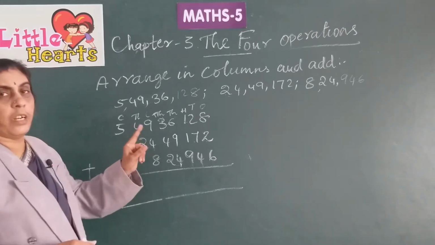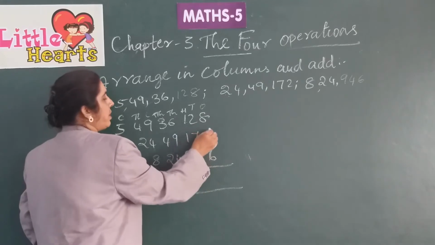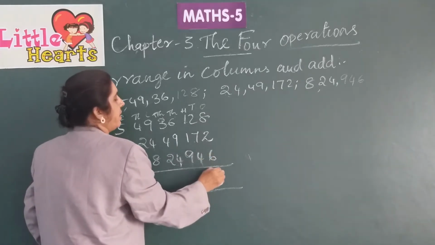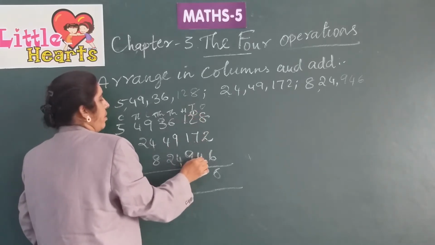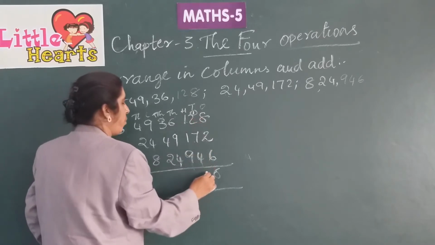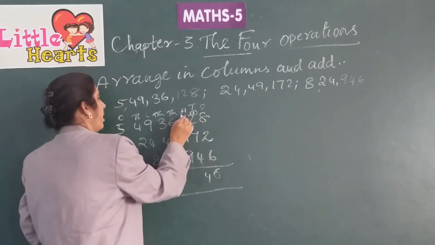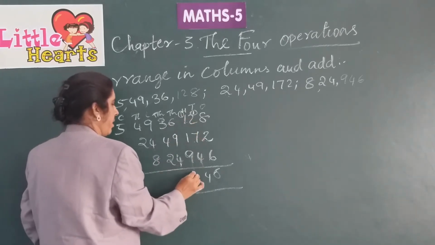And always start adding from the ones place only. 8 plus 2, 10, 10 plus 6, 16. Carry over 1. 2 plus 7, 9, 9 plus 4, 13, 13 plus 1, 14. Carry 1 to the hundreds. 9, 10, 11, 12.